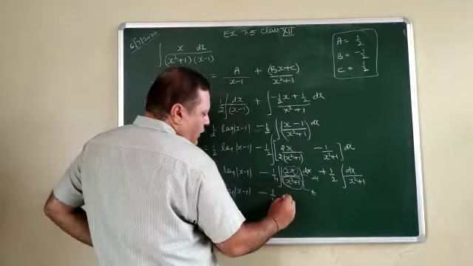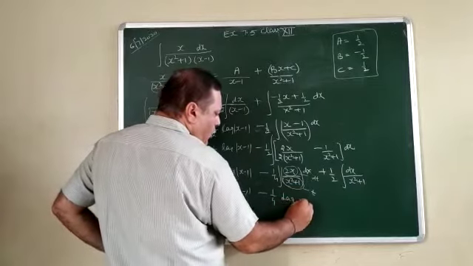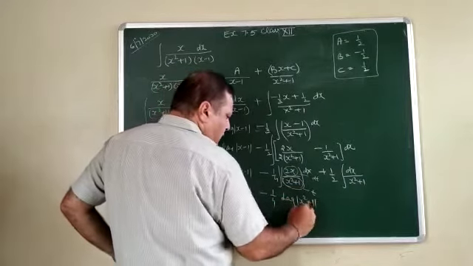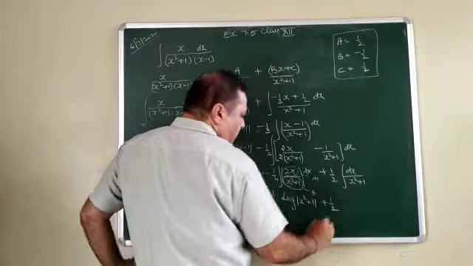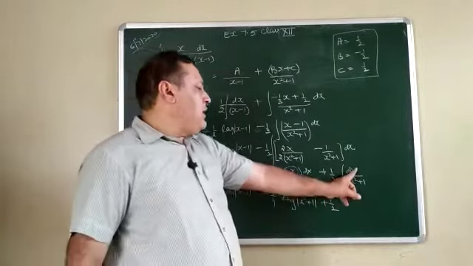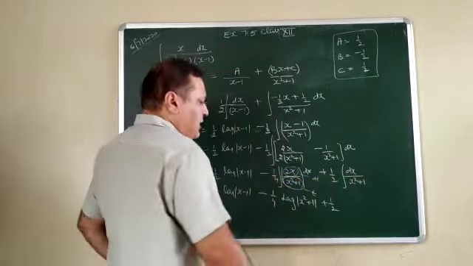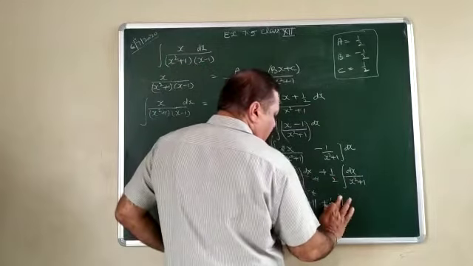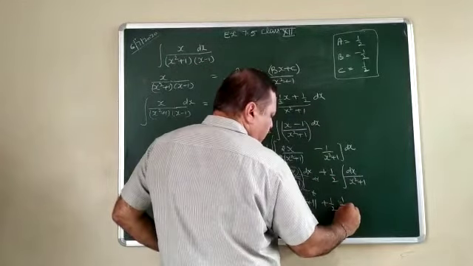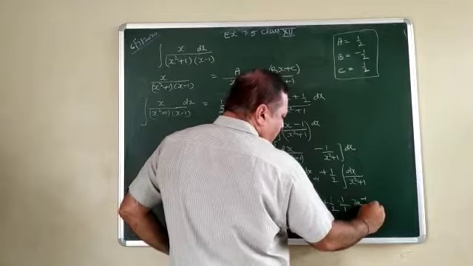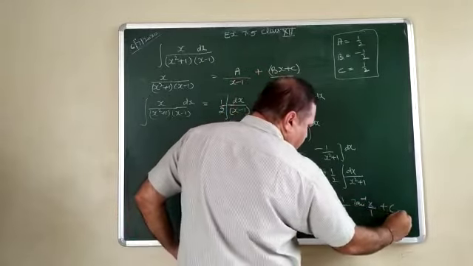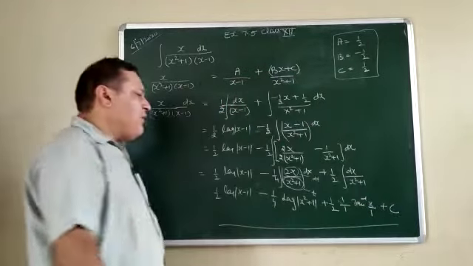So dt upon t, log of x square plus 1, plus 1 by 2. If you see the formula, dx upon a square plus x square, that is 1 upon a tan inverse x upon a plus c, constant of integration.